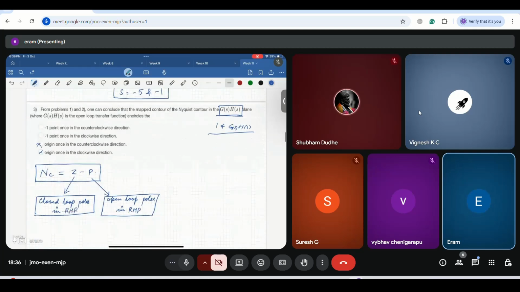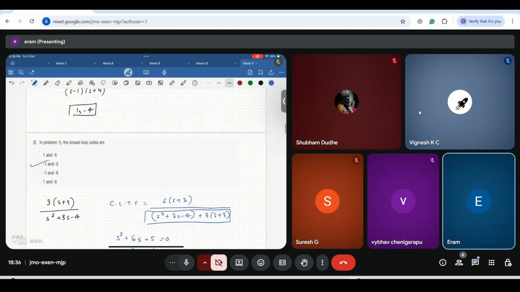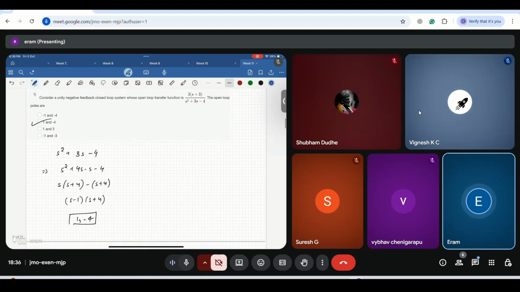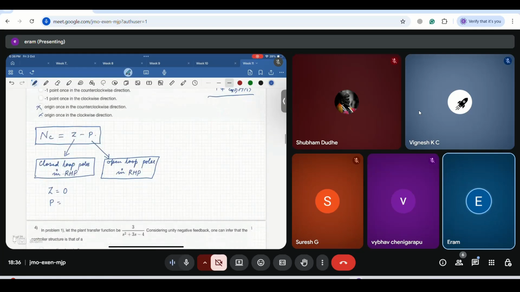So, in our case, Z equals 0. Okay, and what about P? Now let's look at the open loop poles. The open loop poles were at 1 and minus 4. Is there any open loop pole on the RHP? Yes, there is one. At s equals 1 we have a pole, and that is on the right half plane. So P is 1.